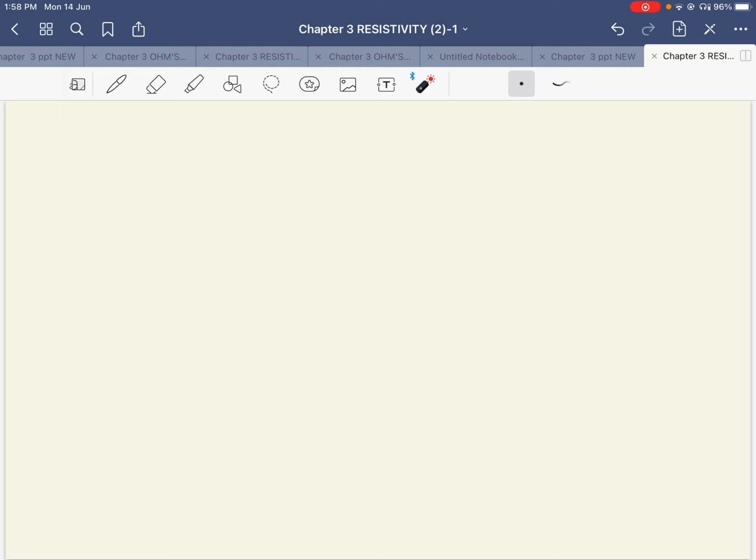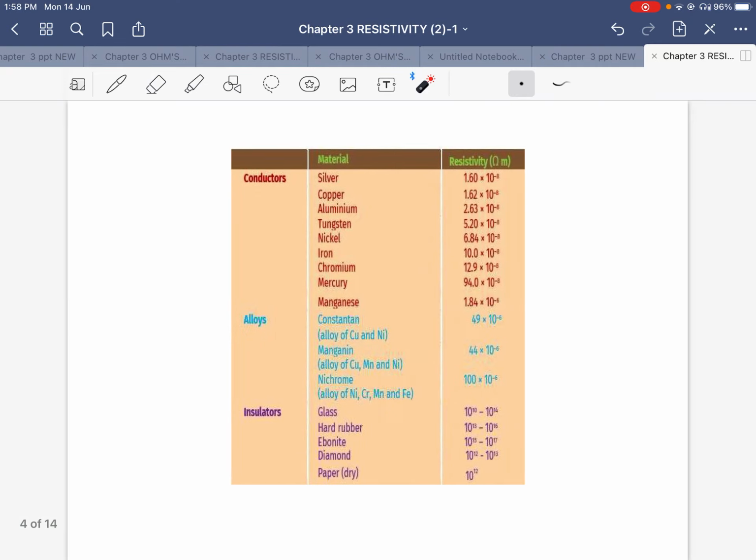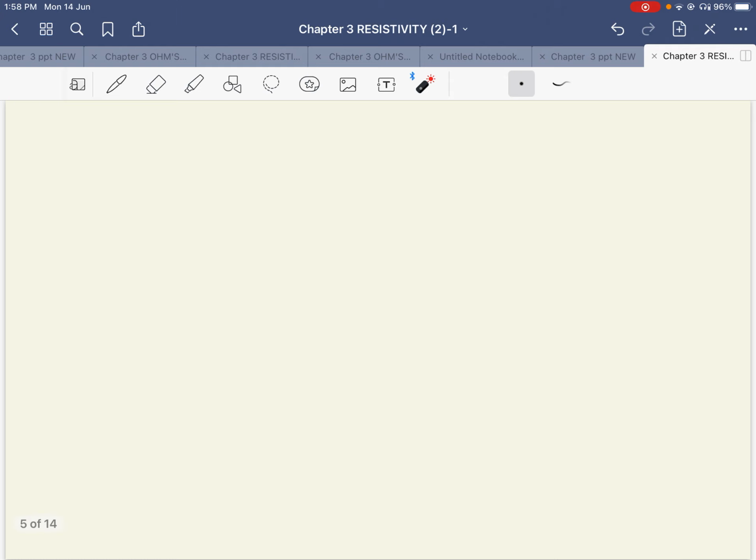In order to find this, we know the relation between current and drift velocity: I is equal to NeAVd, where N is the number density, the number of free electrons in a conductor per unit volume, e is the charge on the electron, A is the area of cross section of the conductor, and Vd is the drift velocity of electrons. This is equation number 1.